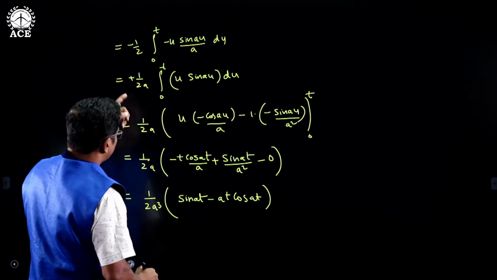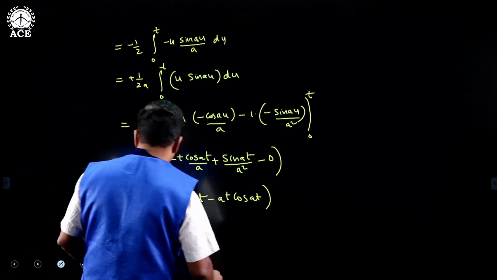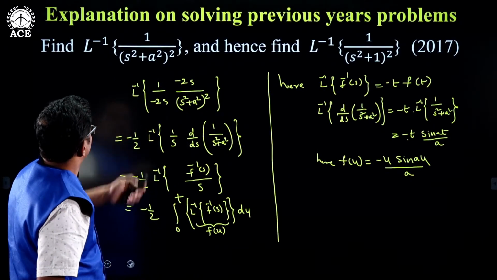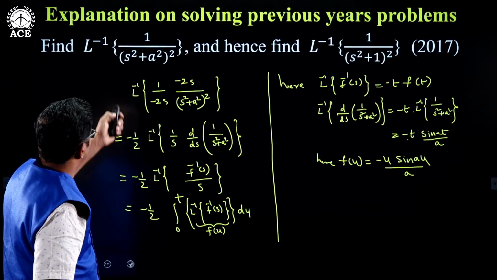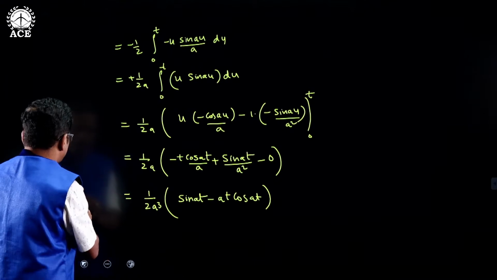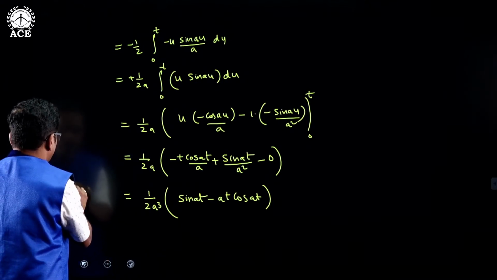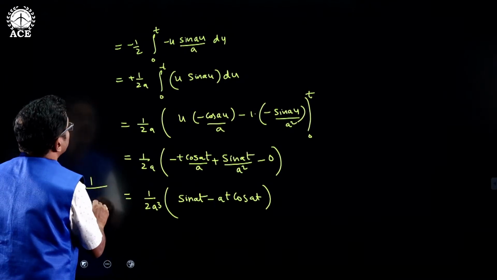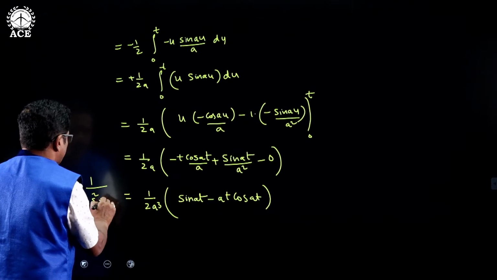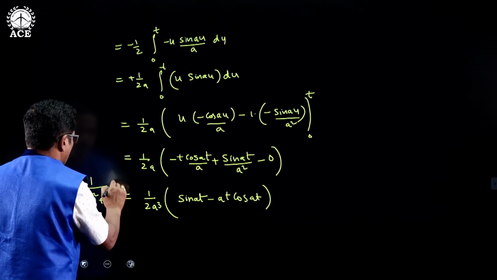So this is the inverse Laplace transform of 1 by s square plus a square whole square.